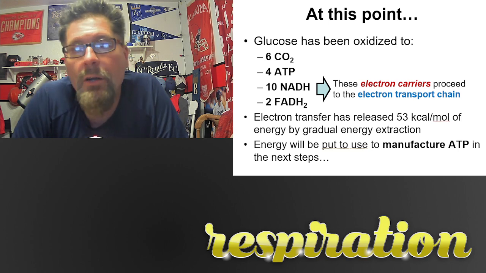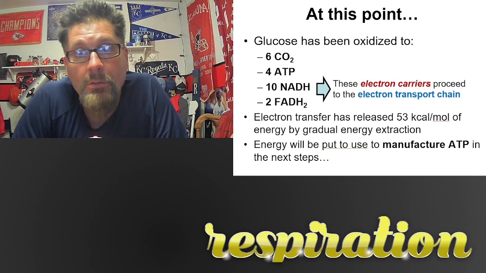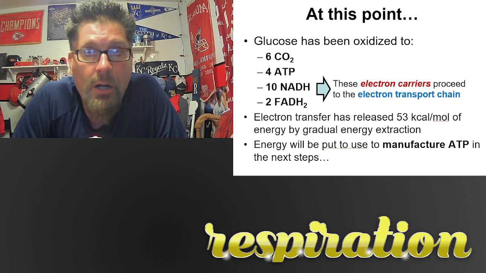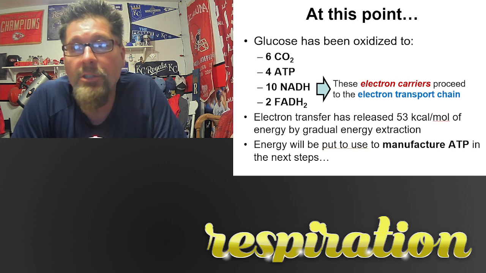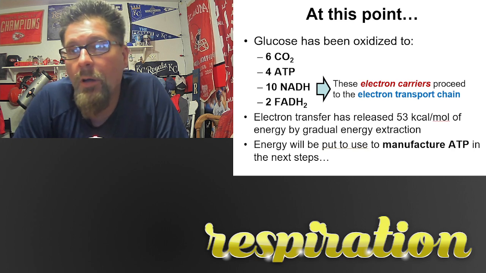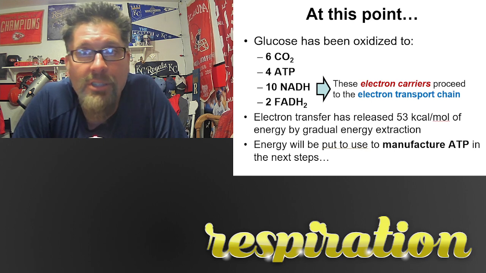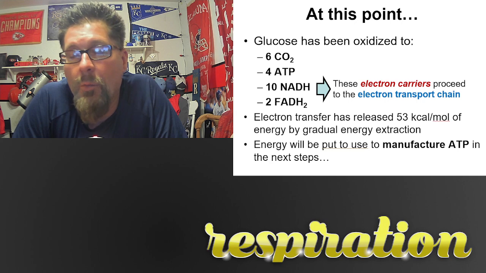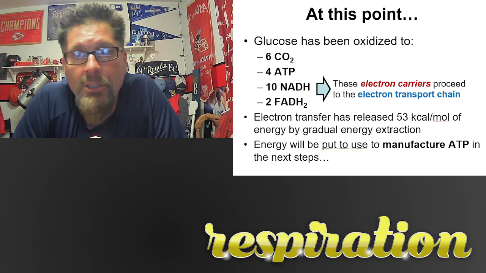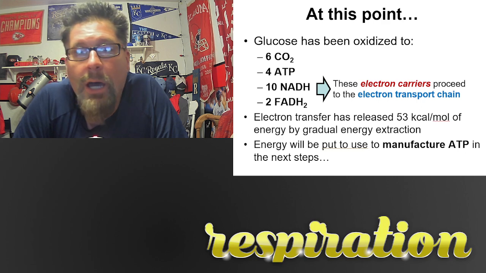Now on this slide, to this point, through glycolysis, through pyruvate oxidation, through the Krebs cycle, glucose has been oxidized to make these 6 CO2s. There were 2 made in pyruvate oxidation, and there were 4 made in the Krebs cycle. We have made 4 ATP molecules.